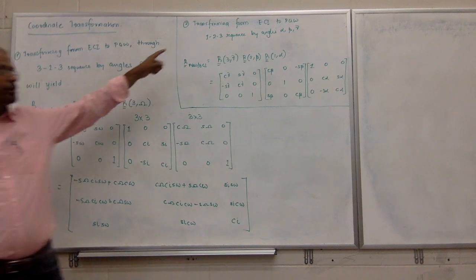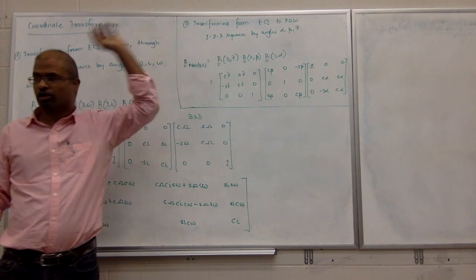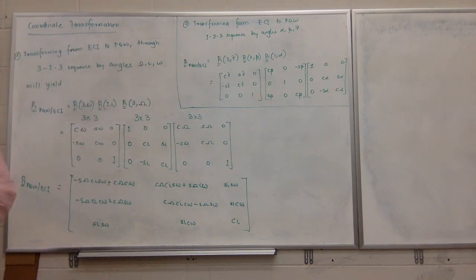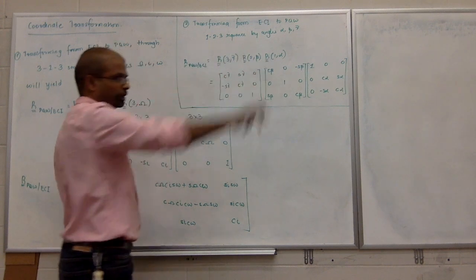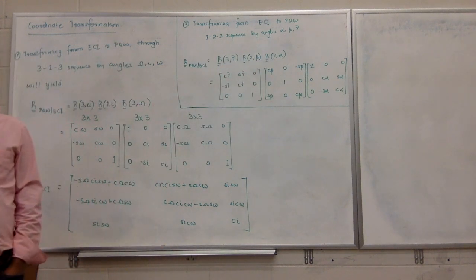These are the non-symmetric sequences. How many non-symmetric sequences? There are only 3 numbers, only 3 fundamental rotations. You cannot repeat, so 1, 1, 2 is not allowed.